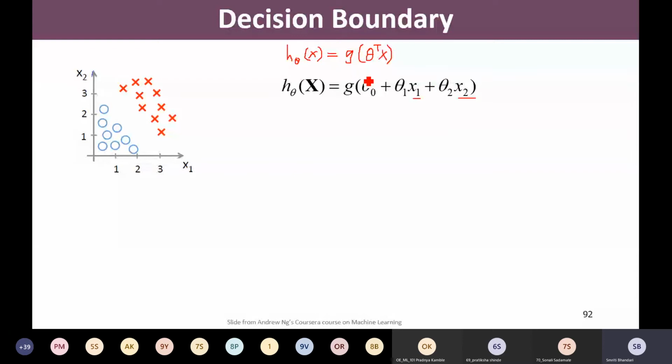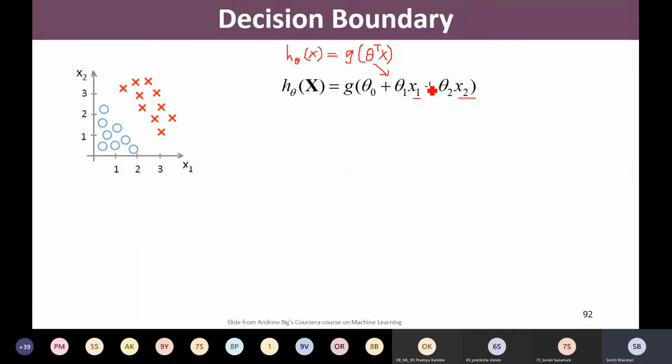This term, theta 0 plus theta 1 x1 plus theta 2 x2, is nothing but theta transpose x.